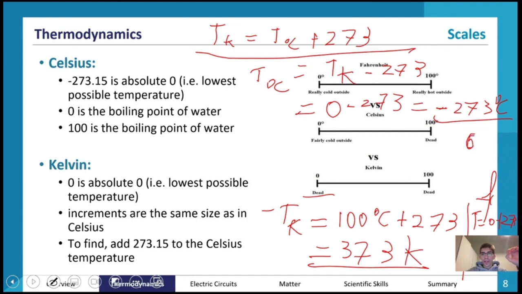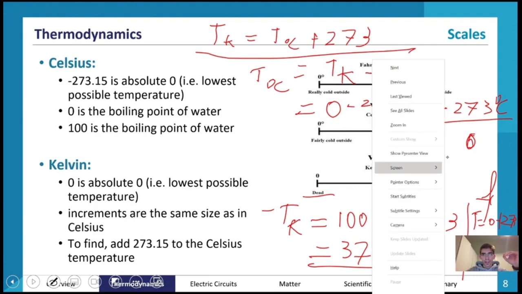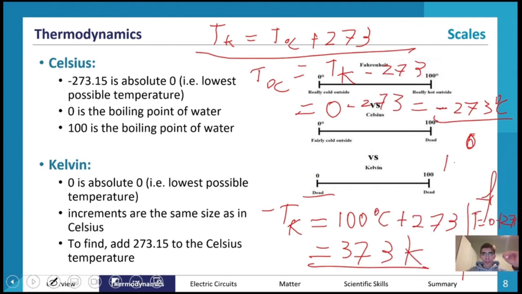0 degrees Celsius is the freezing point of water. 100 degrees Celsius is the boiling point of water.